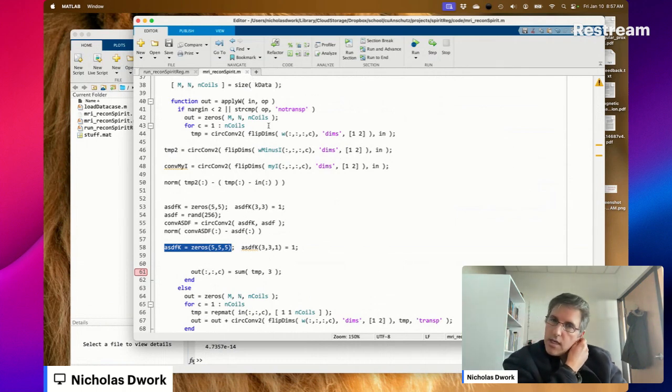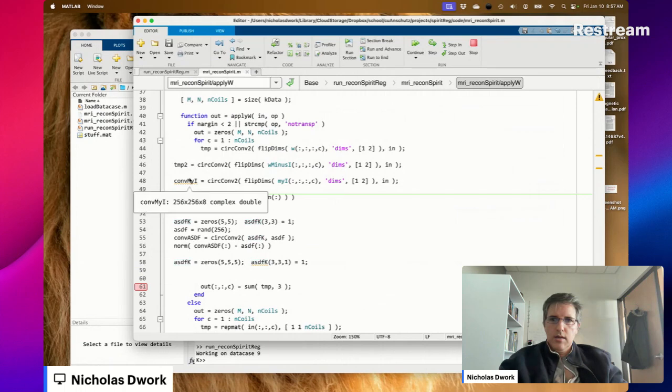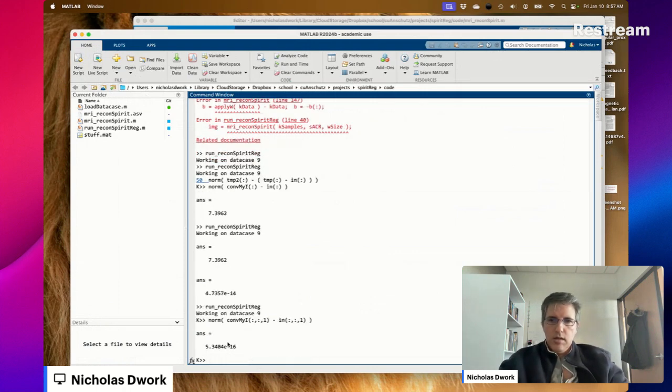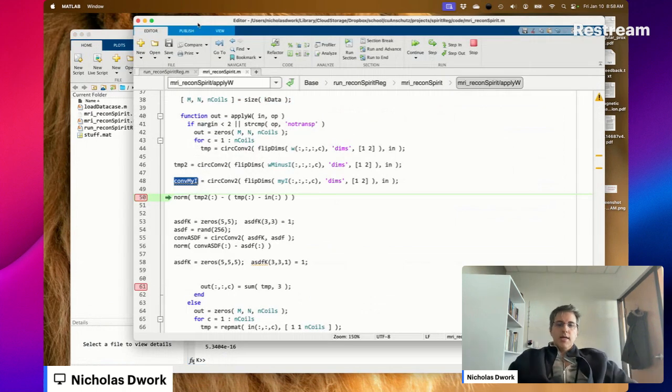So it's only the identity in the first slice with my I. In the other slices, my I is totally zero, and we're doing circular convolution independently on each slice.